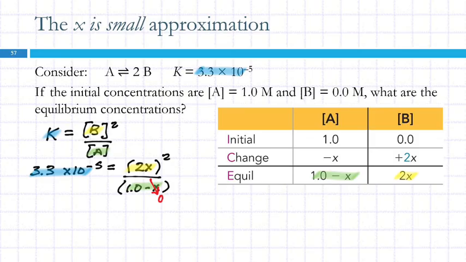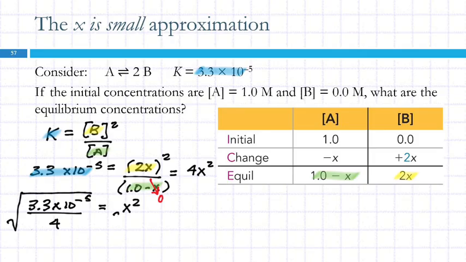Okay, so now this side is the quantity 2x squared over 1, right? So we could simplify that. So that's going to be 4x squared divided by 1. Doesn't change anything. So we got this side, divide by 4 is equal to x squared.